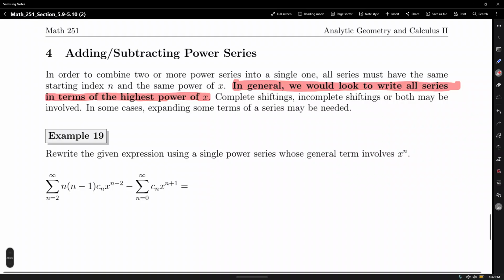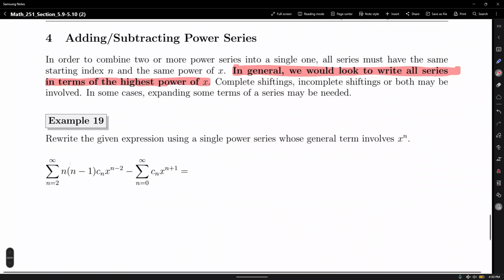What are we going to do after we identify the highest power of x? Well, you may want to do complete shiftings, maybe incomplete shiftings, or also expand some terms of a series. Why is that? Well, actually the first example is the best example about it.